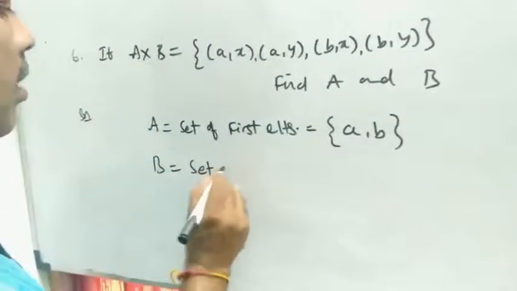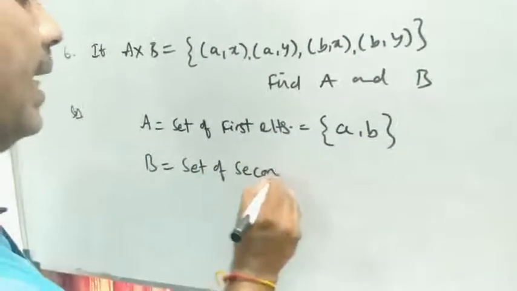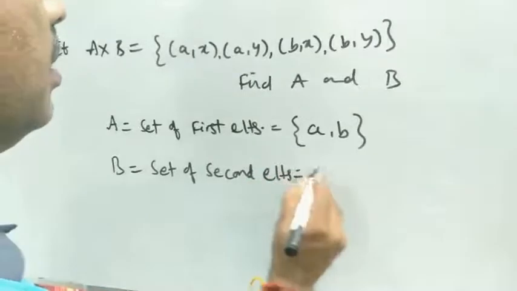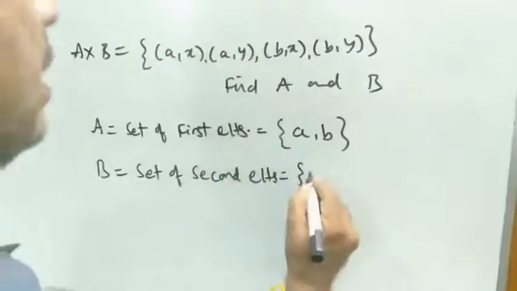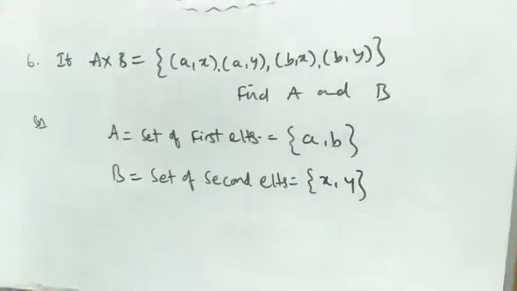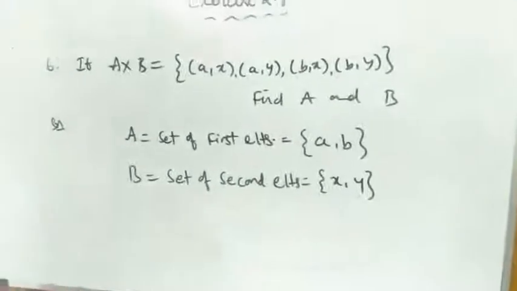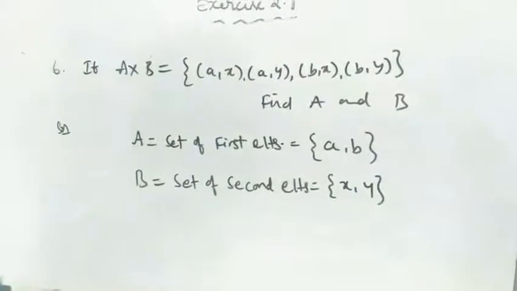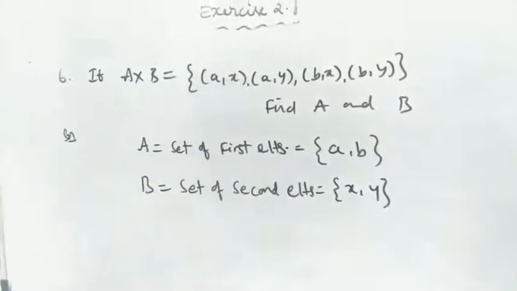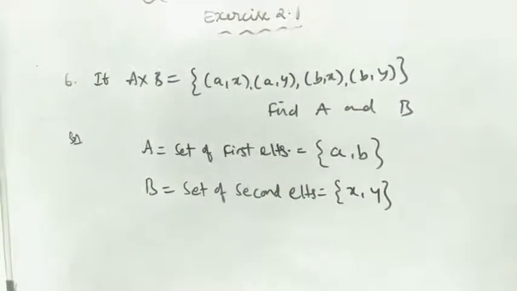B means the set of second elements, that is x, y. Set of first elements and set of second elements, these are the sets A and B.